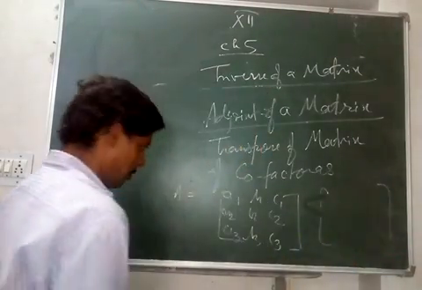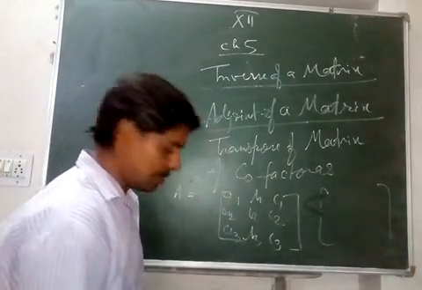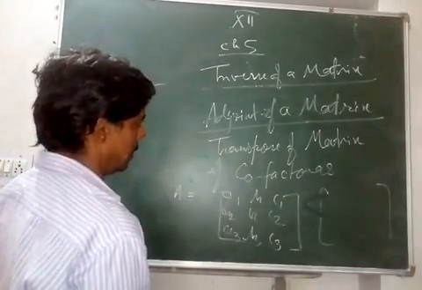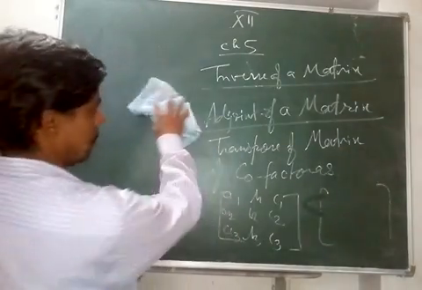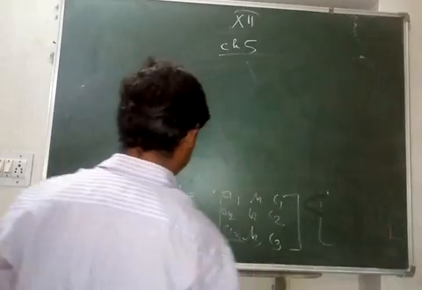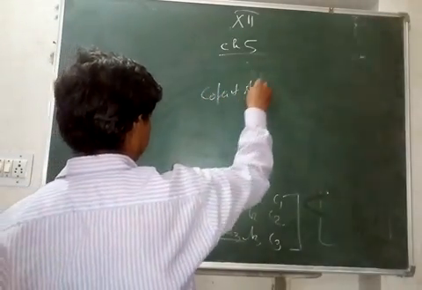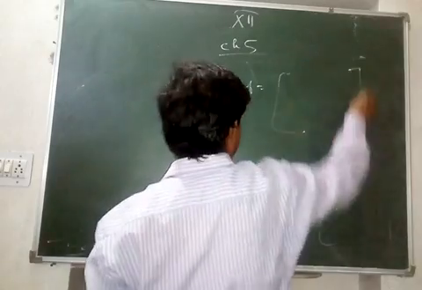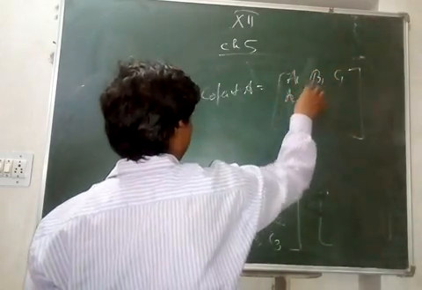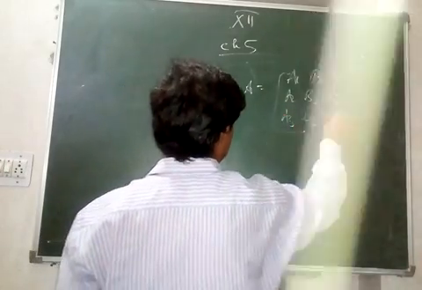You know how you find the cofactors. First you find the minors and then you find the cofactors, right? So the matrix of cofactors will be like this: capital A1, B1, C1, A2, B2, C2, A3, B3, C3.